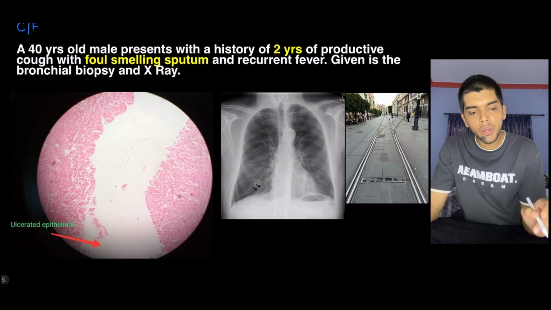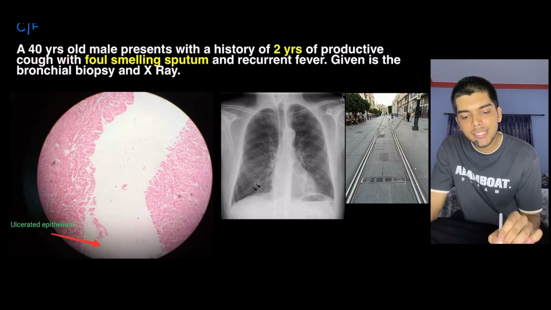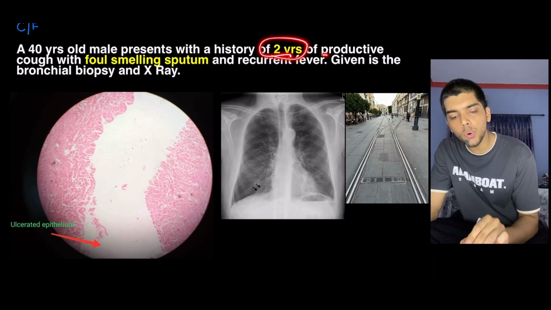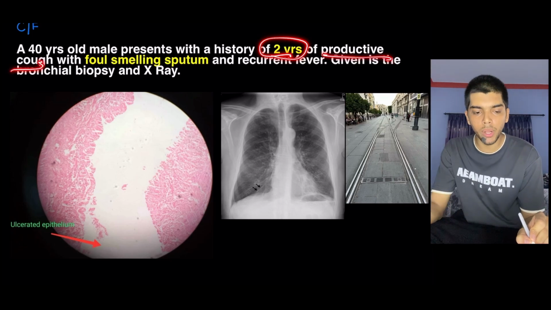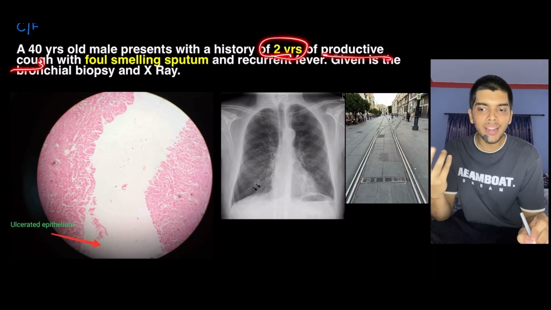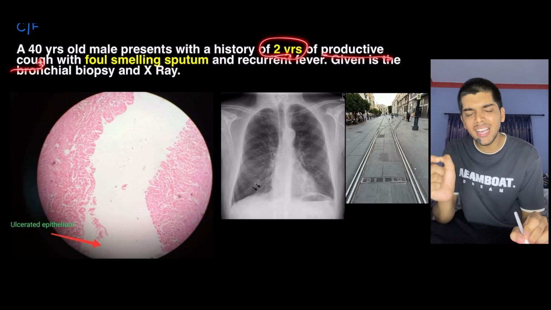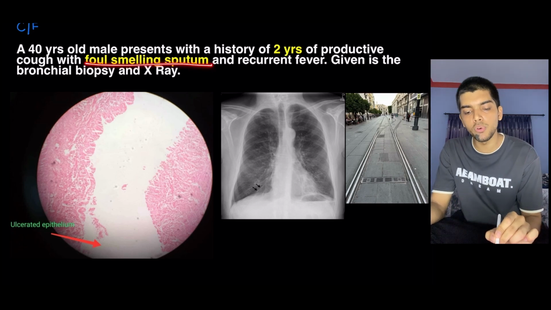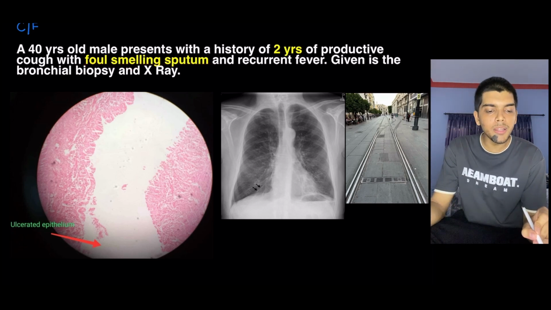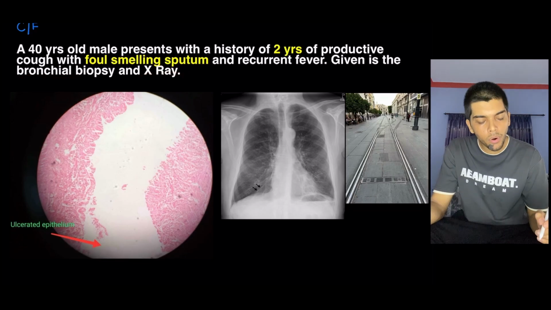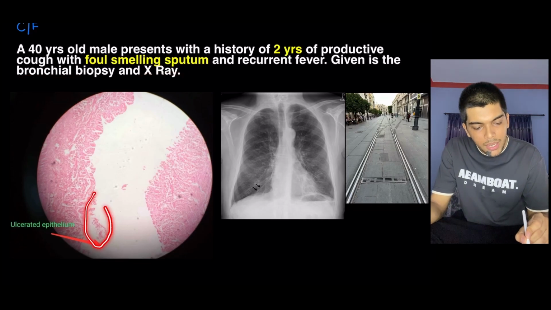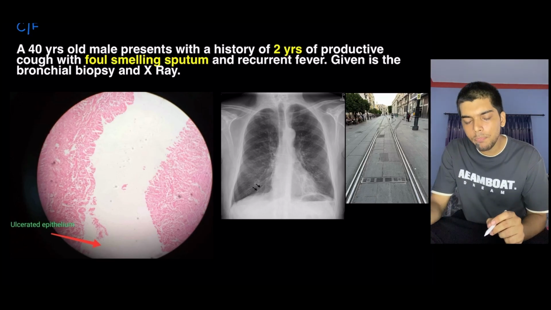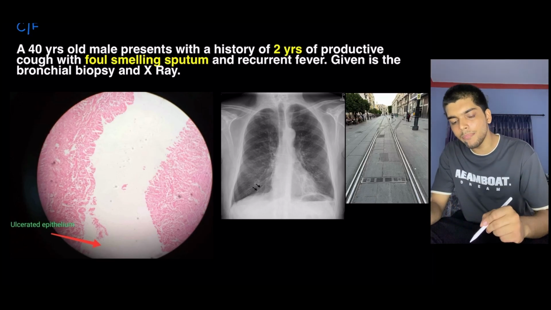Clinical feature. A 40 year old male presents with a history of 2 years, quite a long history, of productive cough, that is cough with sputum. The peculiarity of this sputum is that it is extremely foul smelling. With foul smelling sputum and recurrent fever, a bronchial biopsy and X-ray are given. In the bronchial biopsy, you are able to see the slurred mucosa, and in the X-ray, you are able to see a peculiar appearance, the tram track appearance.